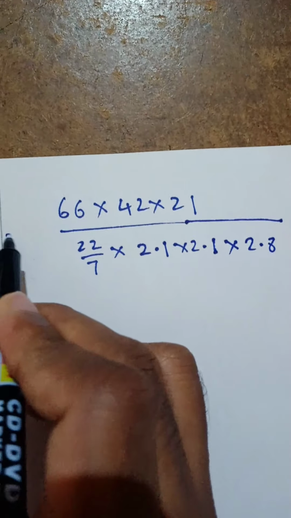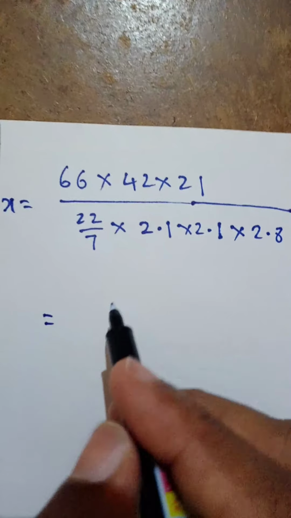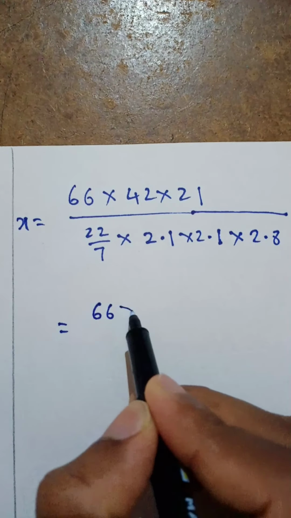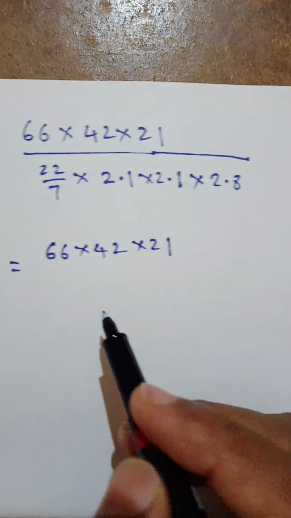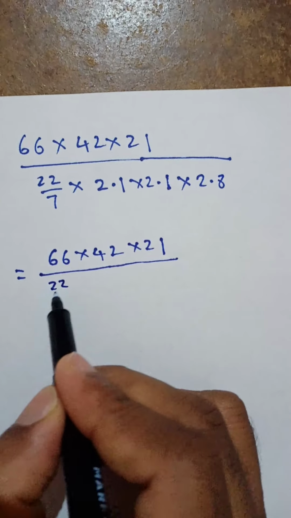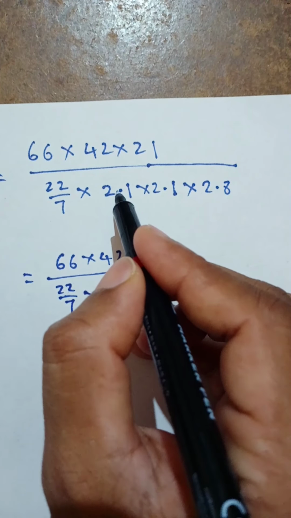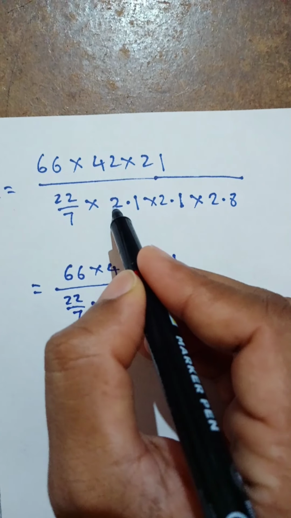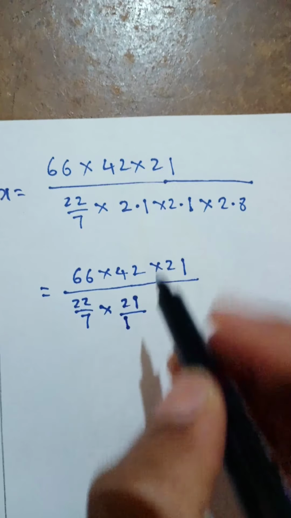This equal to x equal to, now you write it as it is: 66 into 42 into 21 divided by 22 by 7 as it is into, here remove the decimal point. So terminate means 21 by, before the point 1, after the point how many numbers are there? 1, so 10, right?